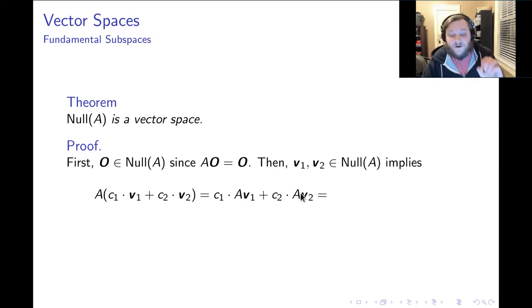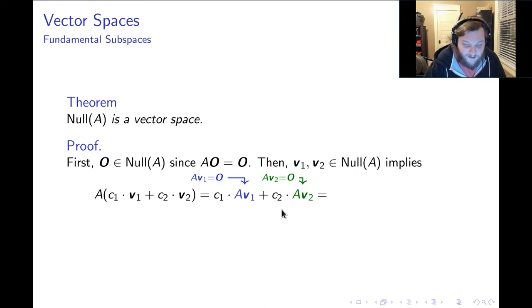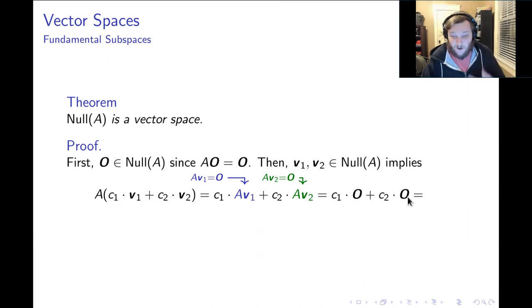And the thing to notice here is that v1 started out in the null space. So what happens when I take A and multiply by v1? That should give me the zero vector. What about v2? Well, v2 is also in the null space. So A times v2 individually is also equal to 0. So now I know, after distributing my A, that what I'm really looking at is c1 times the zero vector plus c2 times the zero vector, which is really just the zero vector plus the zero vector, which equals the zero vector.